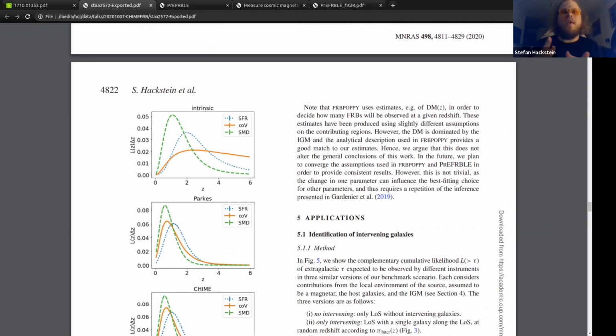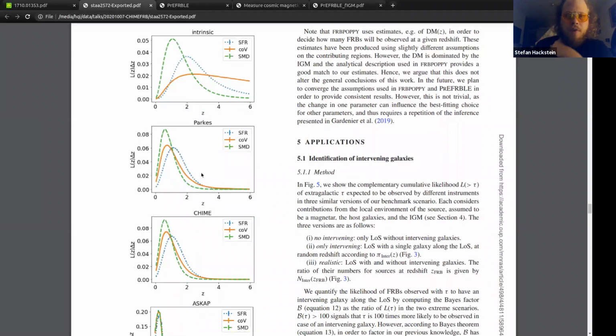First, they take the parameters that we expect only from knowing the technique of the telescope, and then they take this together with intrinsic properties of the fast radio bursts, varying these intrinsic properties in order to reproduce the data that is observed by the different telescopes. And we use their best fit parameters for the different telescopes that they provide. So we didn't do their analysis again, but only took the best fit parameters.